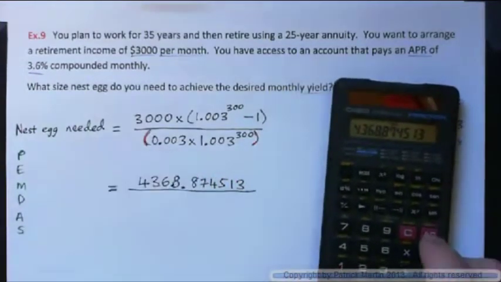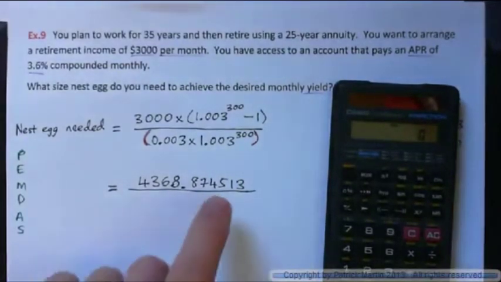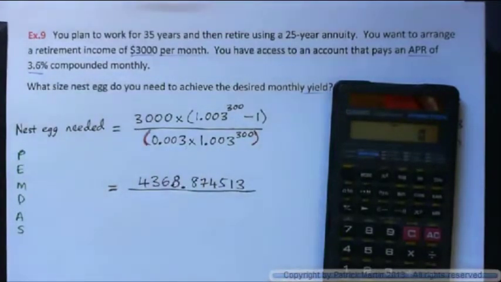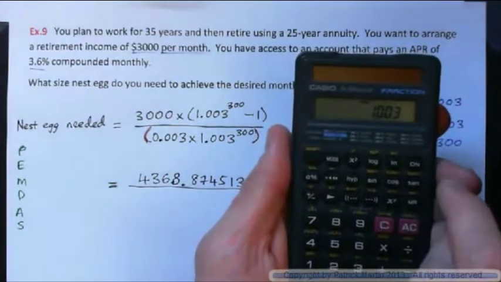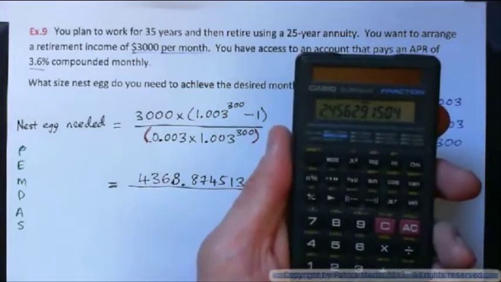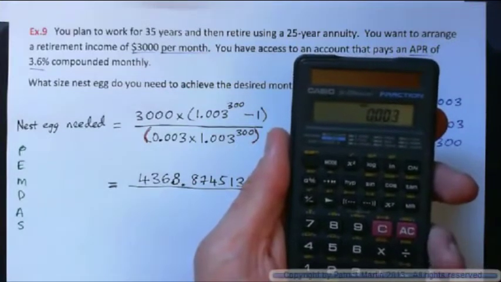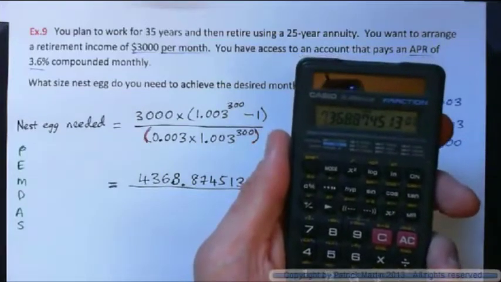Press pause and calculate the bottom, and then I'll do it and we'll check our answers. I hope you pressed pause and tried it. On the bottom we have an exponent and a multiply. So what do we do first? If you look at order of operations PEMDAS, you do exponents first. So 1.003 to the power of 300 equals that, and then multiply that by 0.003, and that equals this number here.